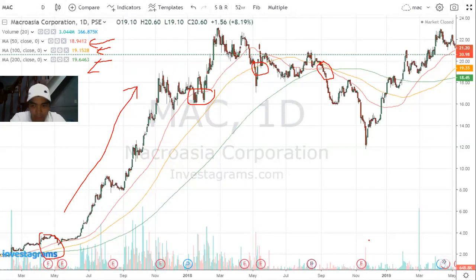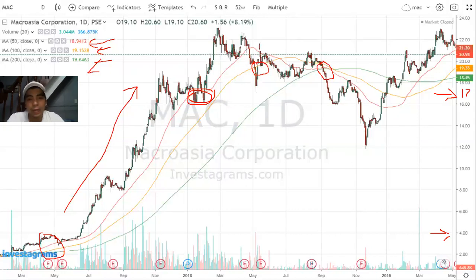Now let's see. If you buy it at around this one, 4 pesos, and you sell it at this point where you can see the price touch the 50-day moving average, let's assume it's around 16 to 17. So you have probably gained 400% because 4 to 16, that's quadruple of the value.